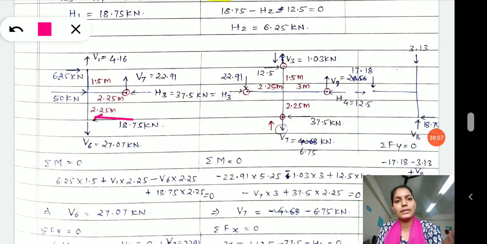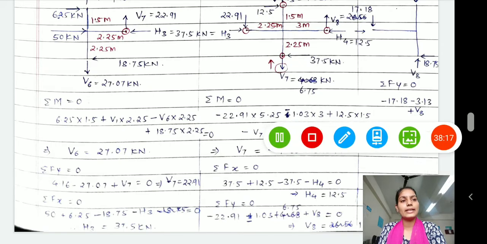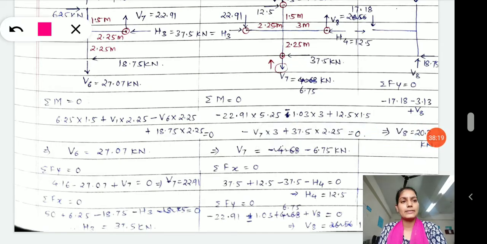So this is how we have made the moment equation. Now solve this moment equation. You will get V6 as 27.07 kilonewton.